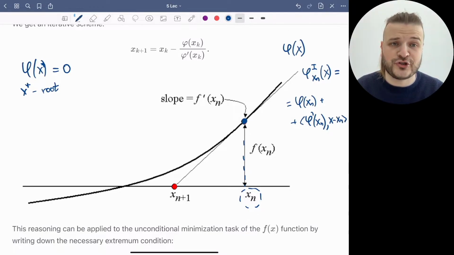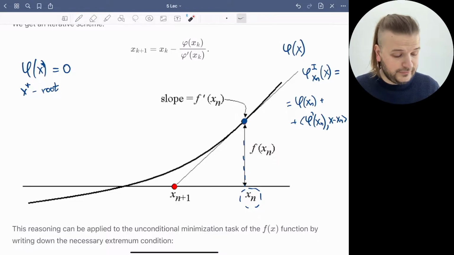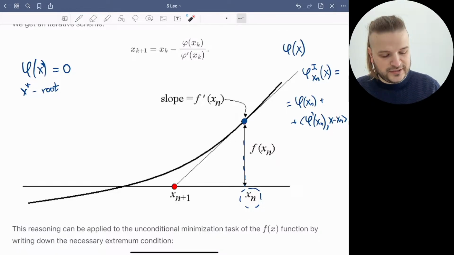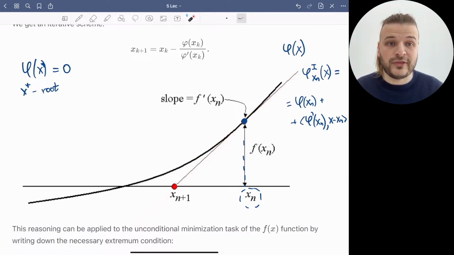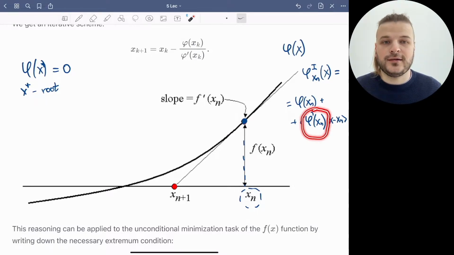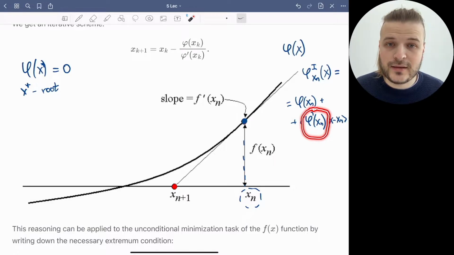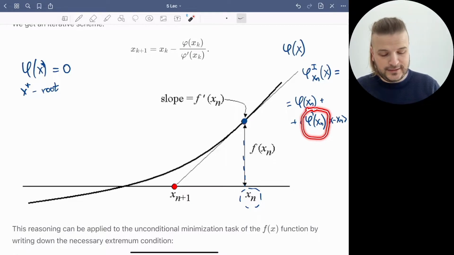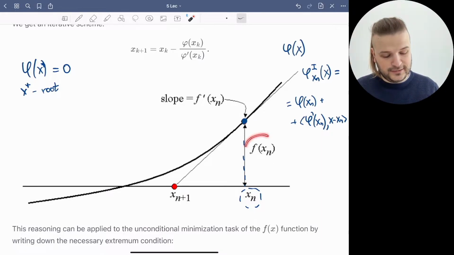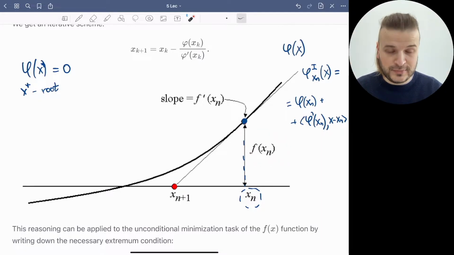That's a linear function of x. You can verify it. We have only this dependence on x, and this function is linear, and the slope of the function is the derivative of phi, the first derivative, right? And here we have f, but that's just a question of notation, it doesn't matter here.